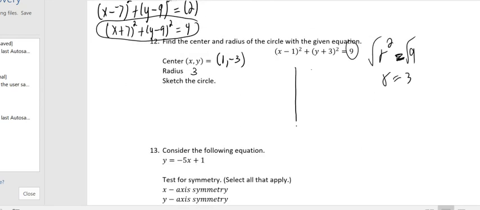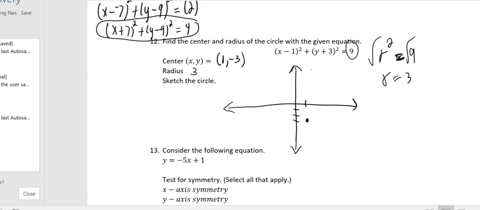And then to graph on the computer, okay, what I do is I plot the center. The center is 1. This is my center.